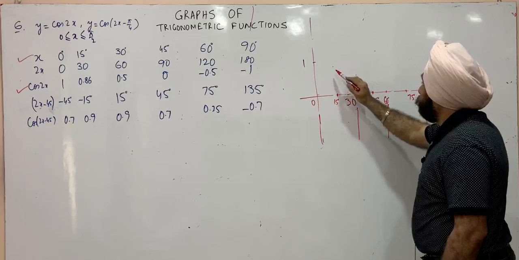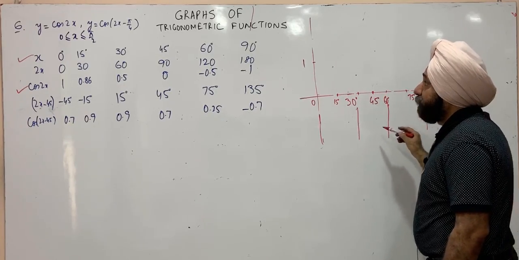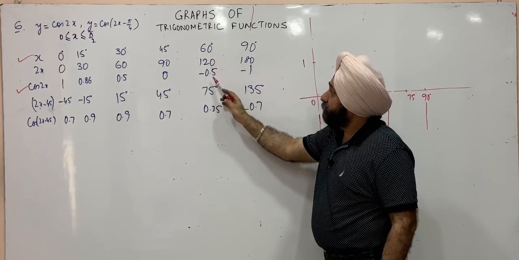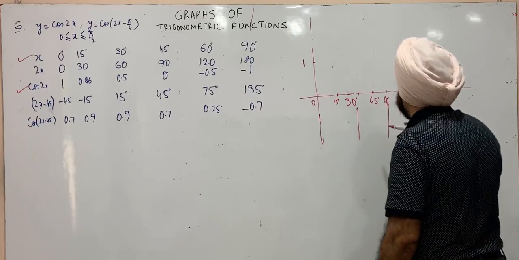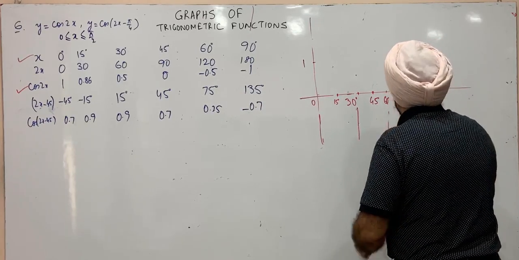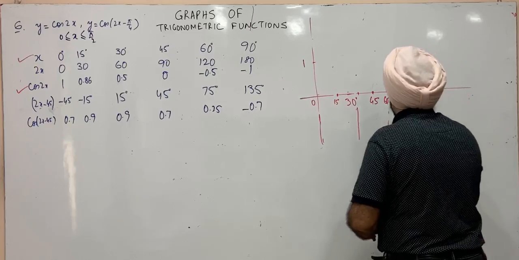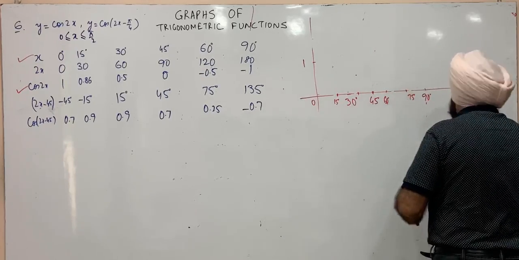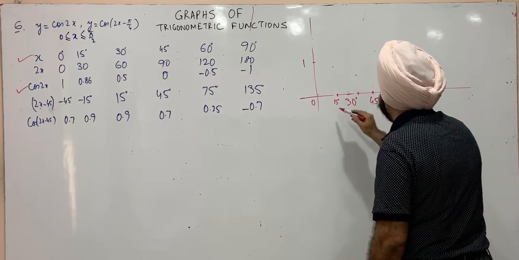So we can join these points. Then at 60 degrees, cos of 2x is minus 0.5.